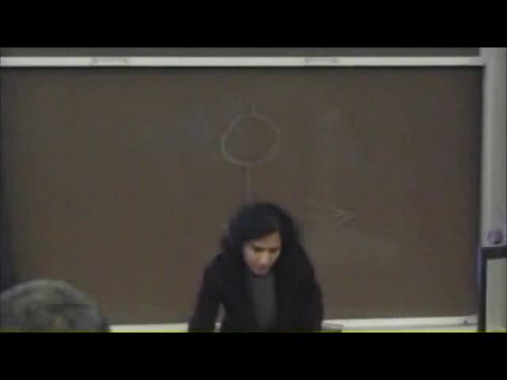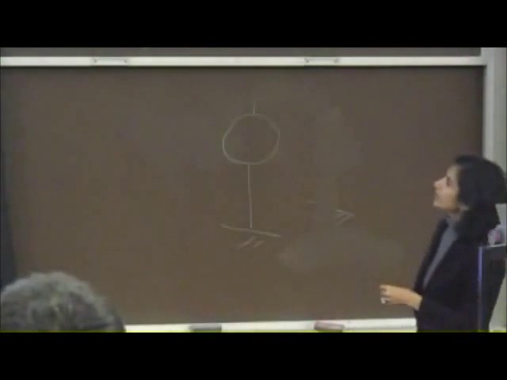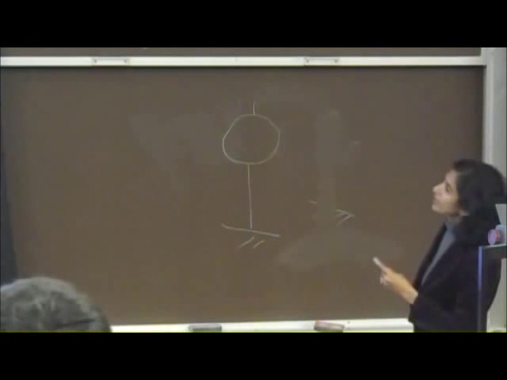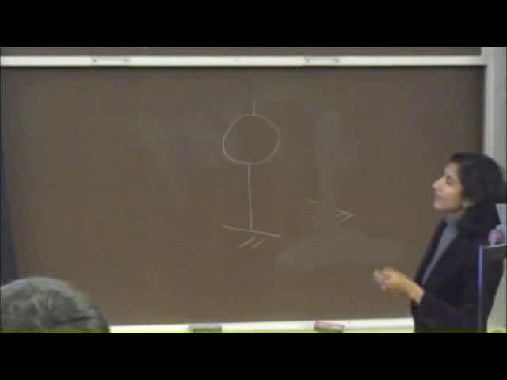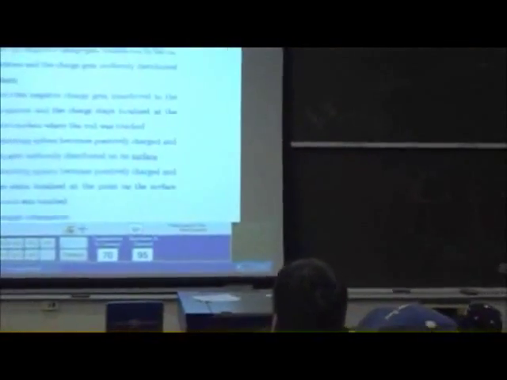Let's look at the next question here. It says, a negatively charged insulating rod is brought in contact with a neutral insulating sphere resting on an insulating stand as shown in the figure. Then, A, some of the negative charge gets transferred to the insulating sphere and the charge gets uniformly distributed on its surface.